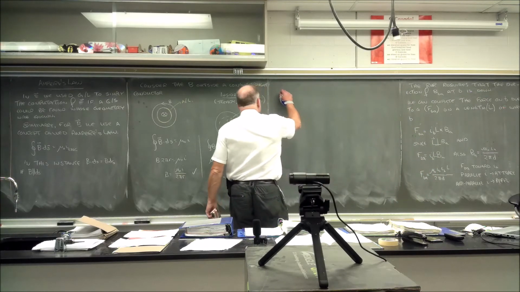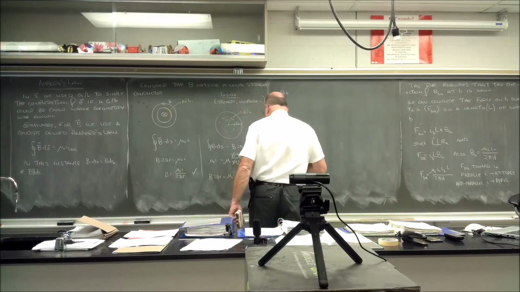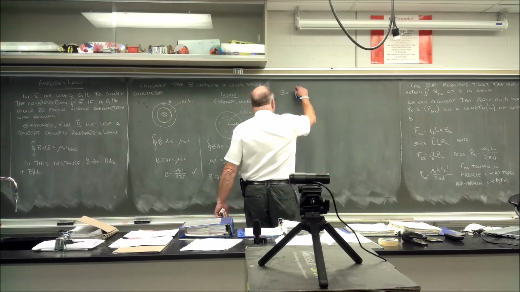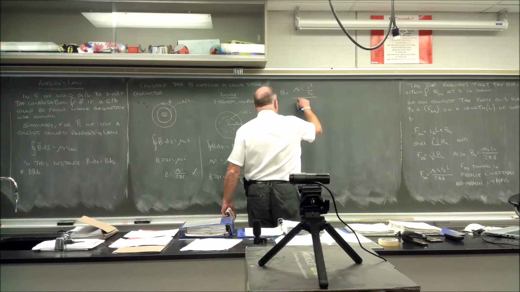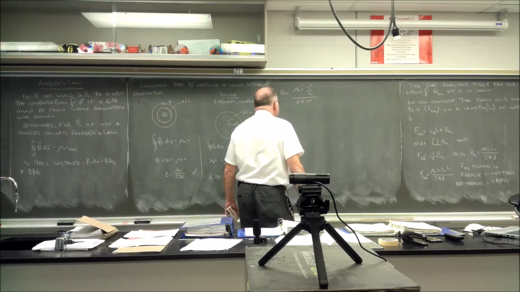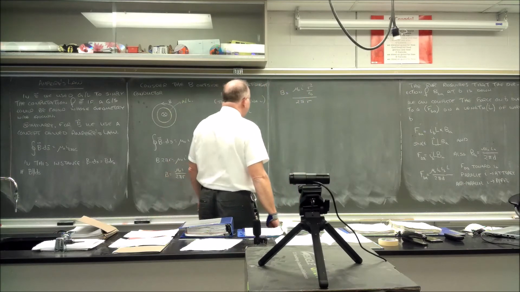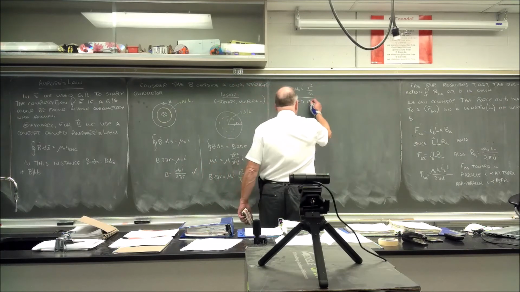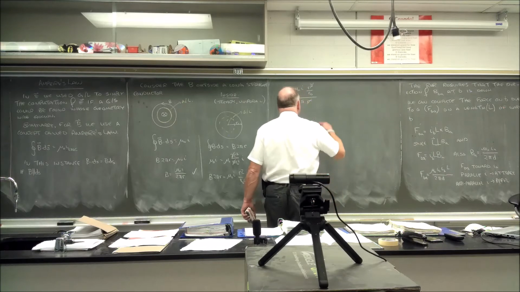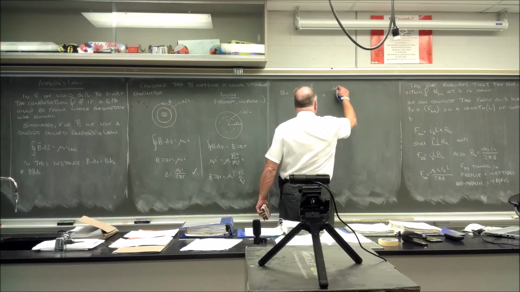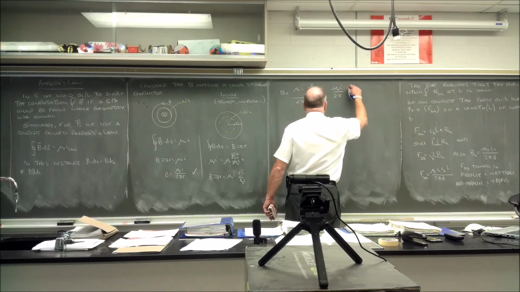So then we have B is equal to mu naught I r squared over r naught squared, divided by 2 pi r. Okay, and so this r would cancel with the square there, I guess. And so that's again the mu naught I over 2 pi, and it would be r over r naught squared.